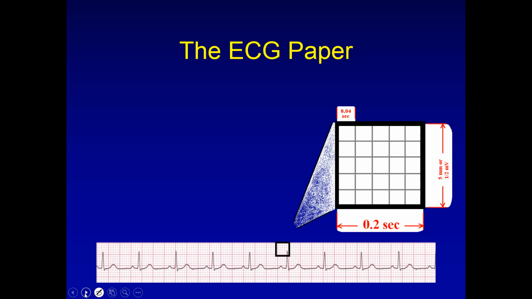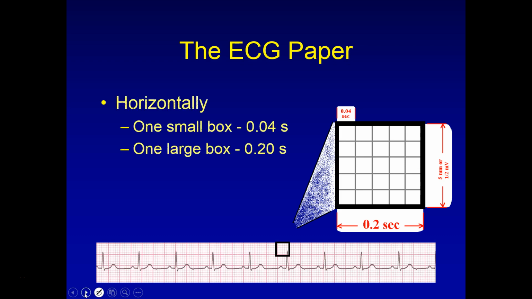Each little box is 0.04 seconds. So horizontally, one small box is 0.04 seconds, and one large box is 0.20 seconds. Vertically, one large box is 5 millimeters, or you could also consider it to be half of a millivolt.